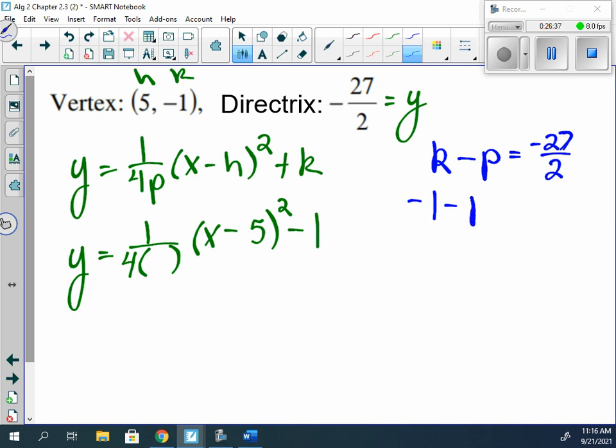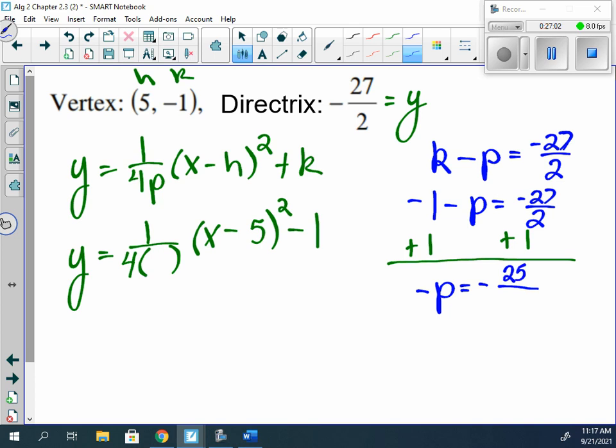So we're saying negative 1 minus p is equal to negative 27 over 2, yes? So what can we do first? Add 1, which tells us negative p is equal to negative 25 over 2.